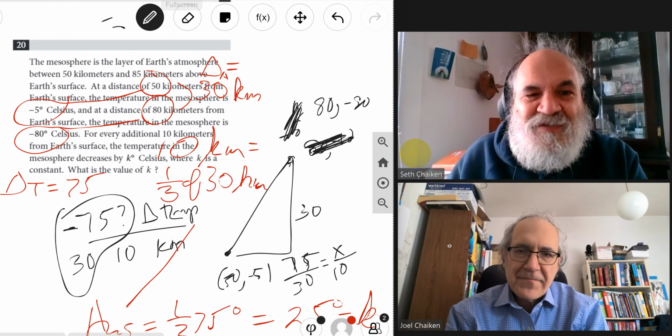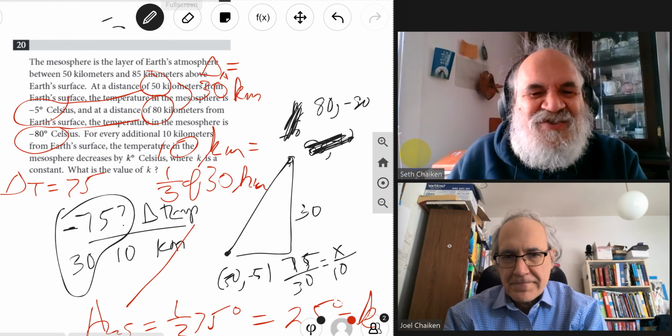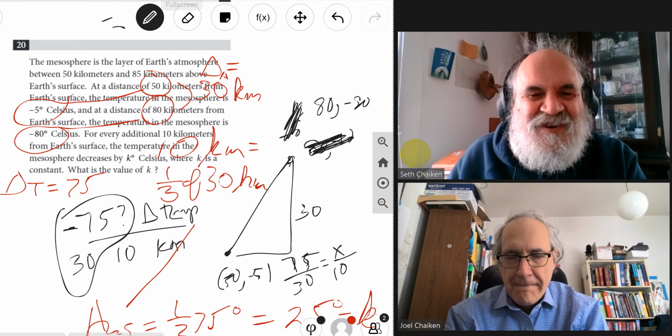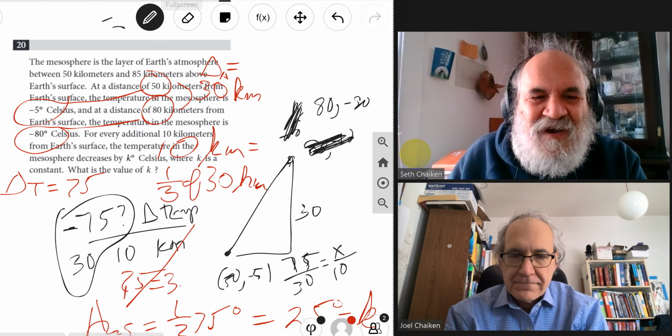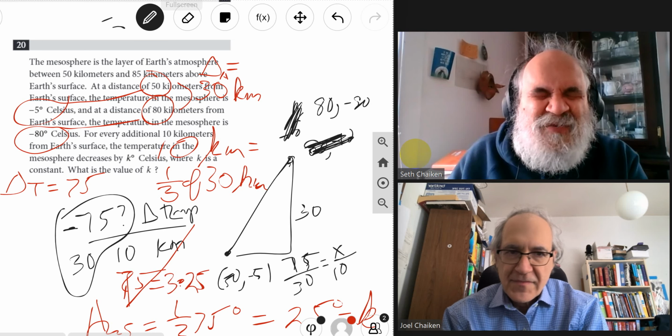So you take 1/3 of 75. It's particularly easy to do the arithmetic because 75 is a pretty common number. 75 equals 3 times 25, and so 1/3 of 75 is 25.